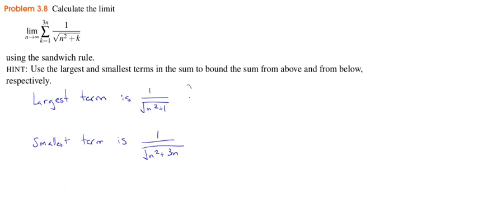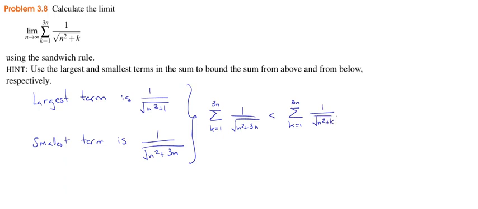Now in order to use the sandwich rule, we know that the sum from k equals 1 to 3n of 1 over the square root of n squared plus 3n is smaller than the sum of 1 over the square root of n squared plus k, the actual sum whose limit we want to compute. And this is smaller than the sum of the largest term.